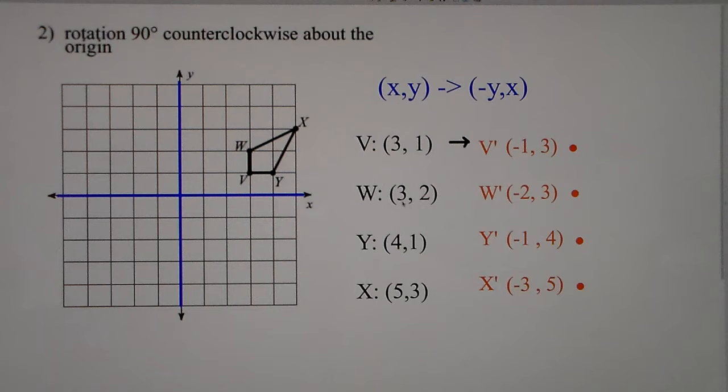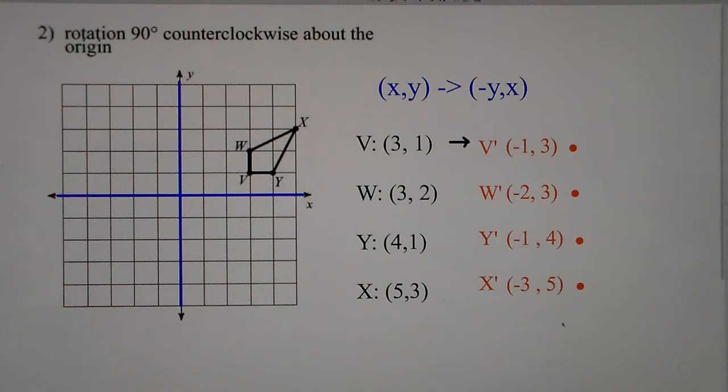W, 3, 2. 3 goes into the second position. 2 goes then into the first position, and we change the sign to a -2, because that's what the rule is. Y, 4, 1, turns to -1, 4. 5, 3, we move the 5 to the second position. The 3, we move it to the first position. We also change its sign.